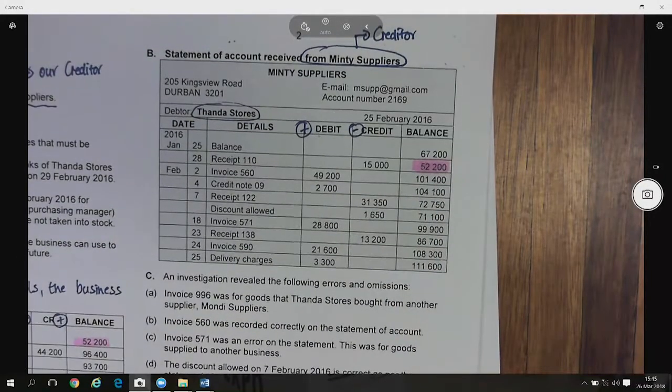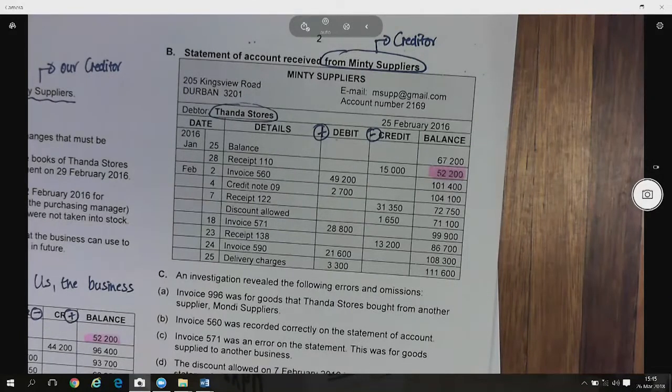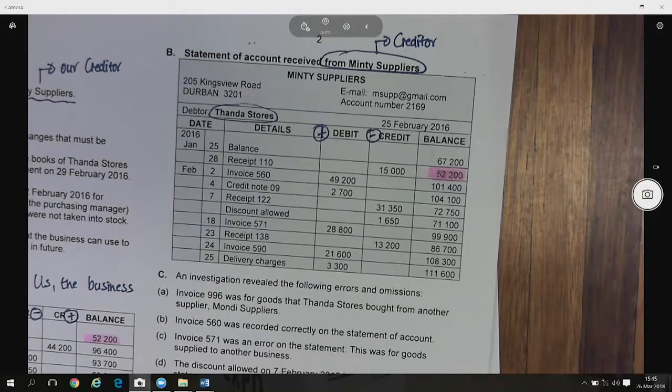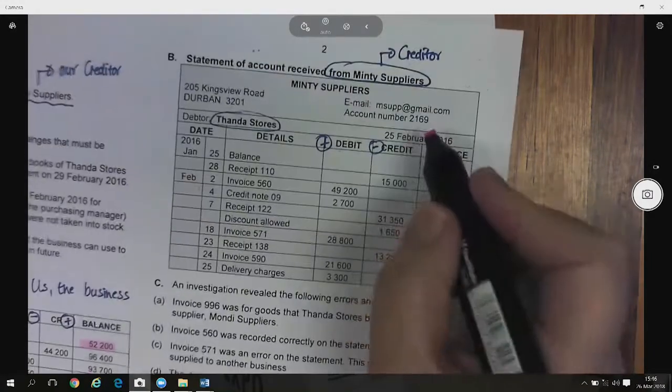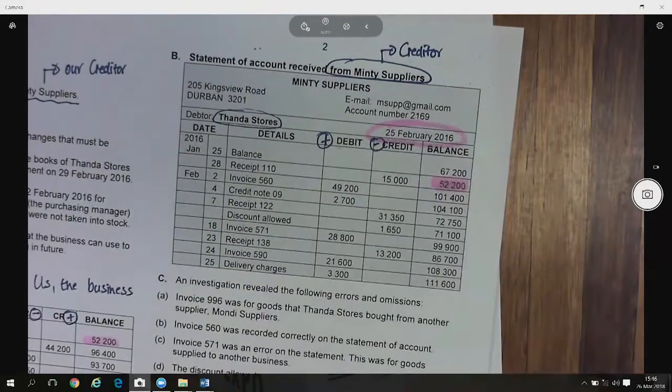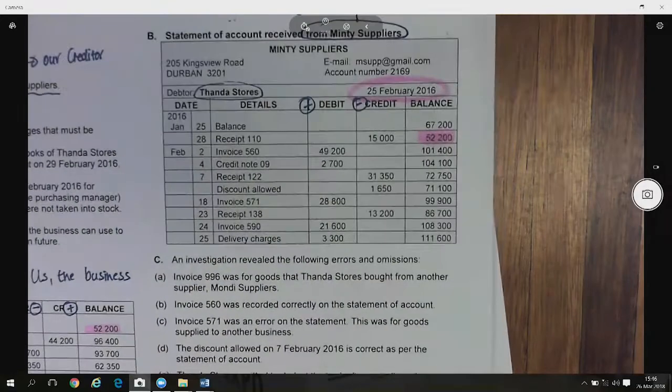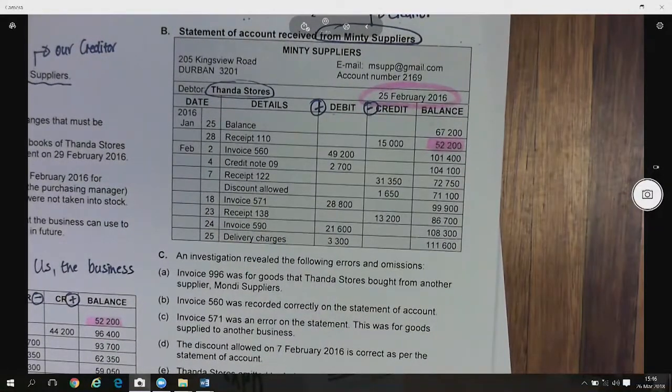So ignore that transaction before that, because that was a transaction that happened in January, a receipt that was not on the statement in January. So they first catch up on that transaction there, and then the balances were the same. Why is that? Because of that date. They close off their books on the 25th of every month.